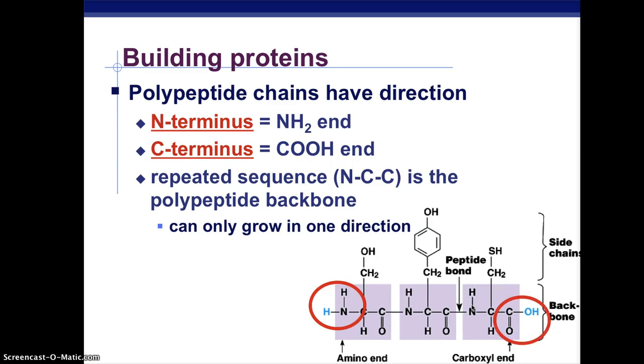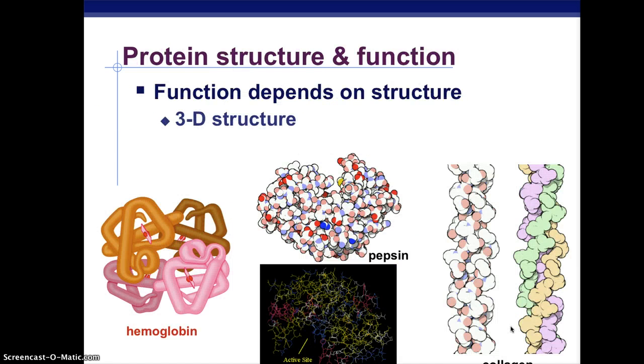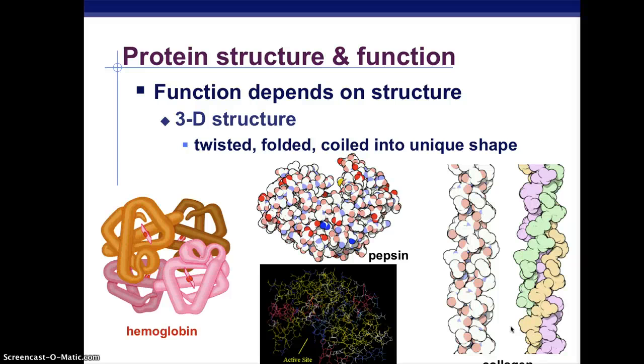Polypeptide chains have direction to them. We have the N-terminus, which means the nitrogen end, and we have the carbon terminus, or the C-terminus, the carbon end. The function of the protein depends entirely on its structure, its 3D twisted shape.